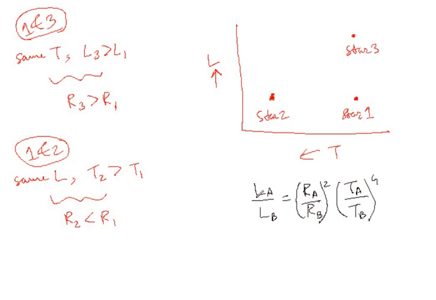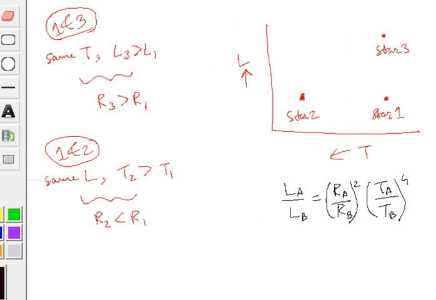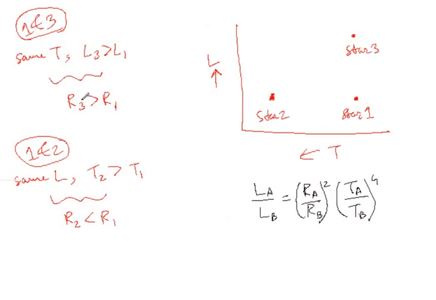So we are getting all this information just using this relationship, right? Now, from these two relations regarding the radii, we can say that R3 is greater than R1 is greater than R2.